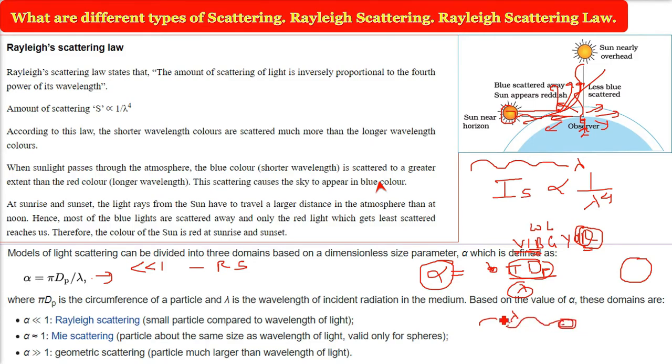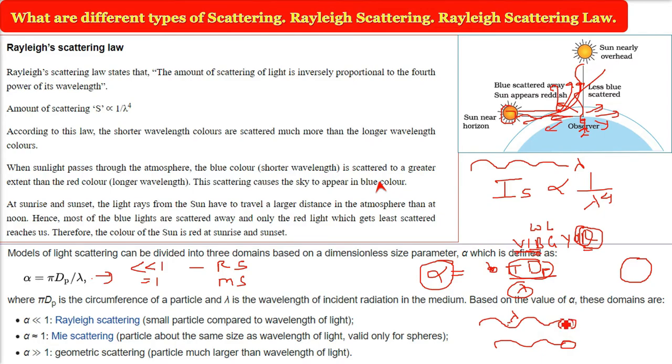When alpha is equal to 1, it is Mie scattering, M-I-E. That is, the particle and the incident ray have the same wavelength. In Rayleigh scattering, the particle is smaller in size than the wavelength of light.